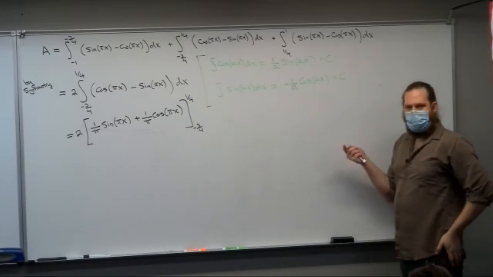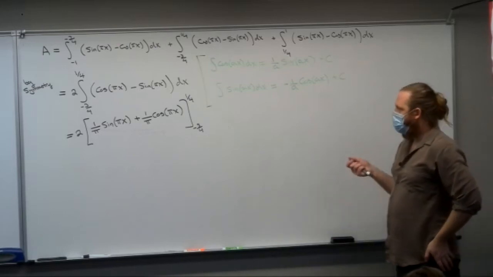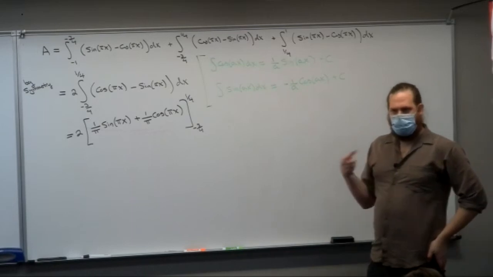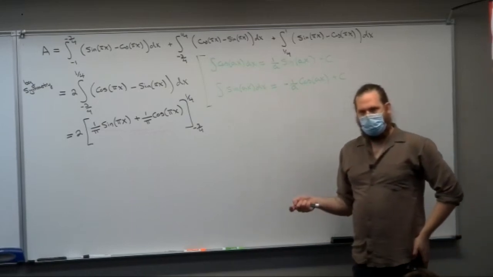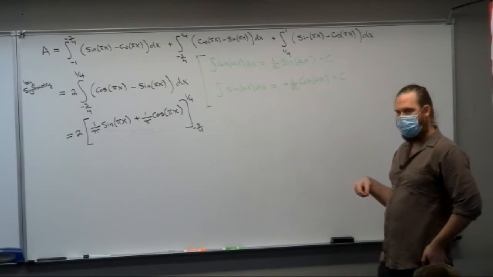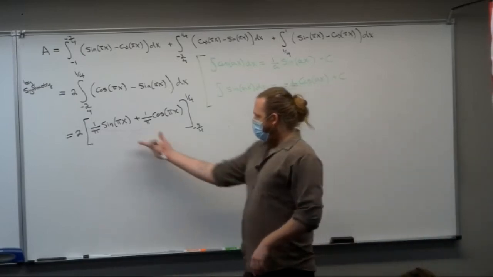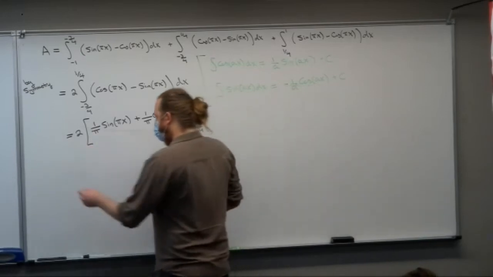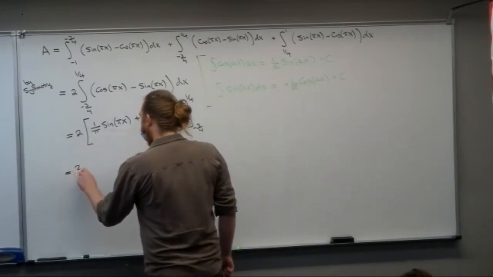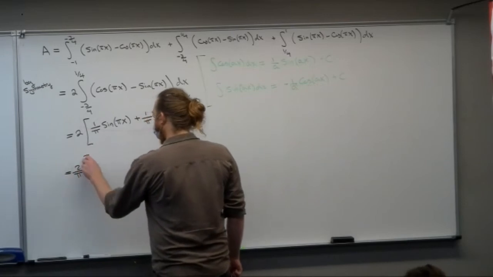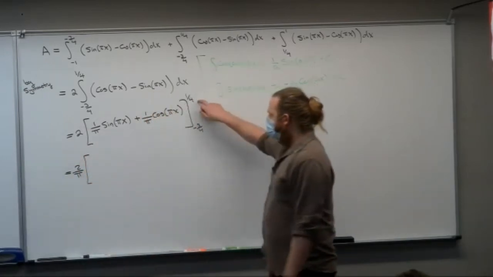You can also write those antiderivatives by thinking about the chain rule, right? If I differentiate sine pi x, I get pi cos pi x. So if I want an antiderivative for cos pi x, it would be 1 over pi sine pi x. The factor of 1 over pi can come out. Now I plug in my upper bound.